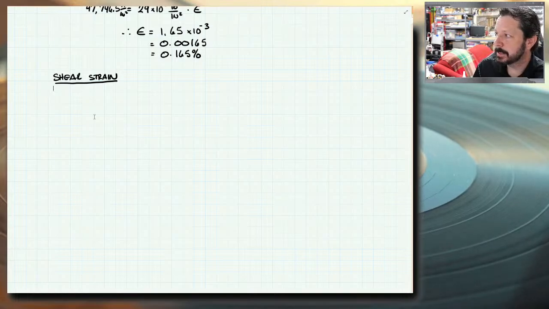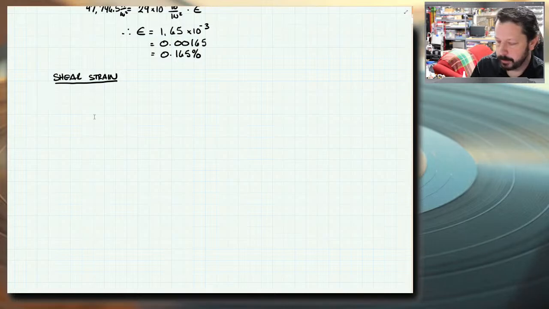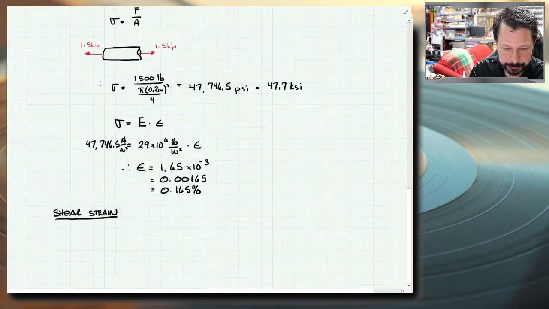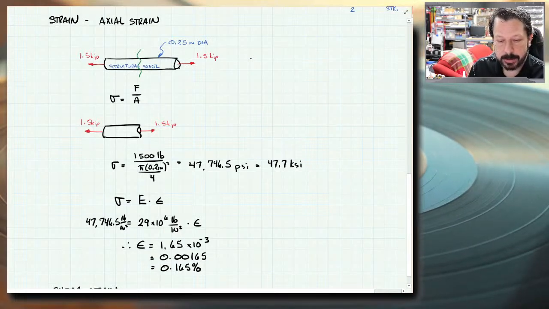And shear stress was the force that was, in our case, actually parallel to the surface it was acting on. So strain has a corollary. Here we're stretching out the structural steel rod, and the forces causing the strain are parallel to the direction of stretching, but perpendicular to the cross section they're acting on.